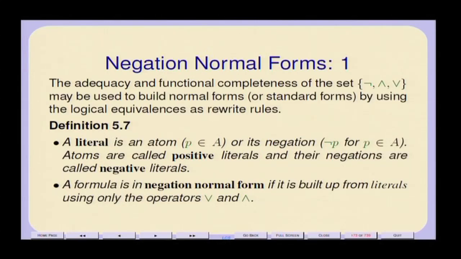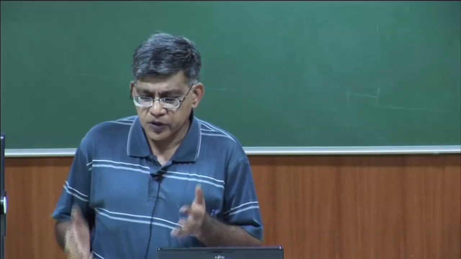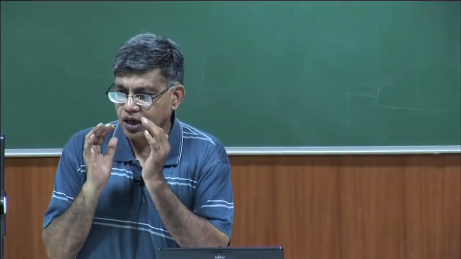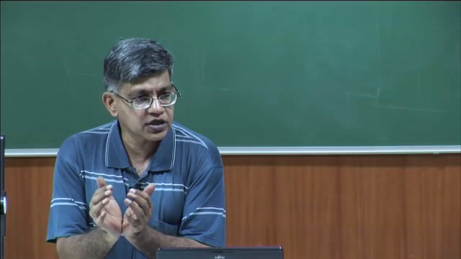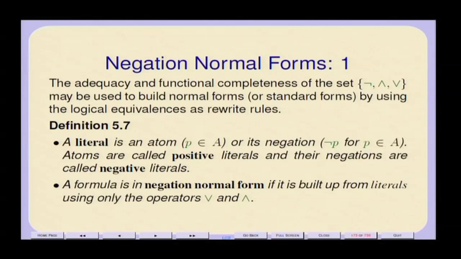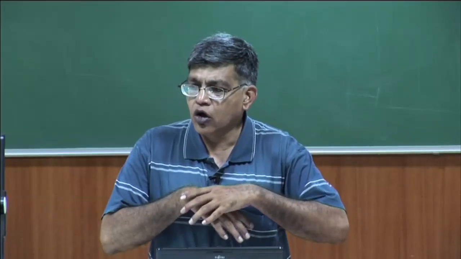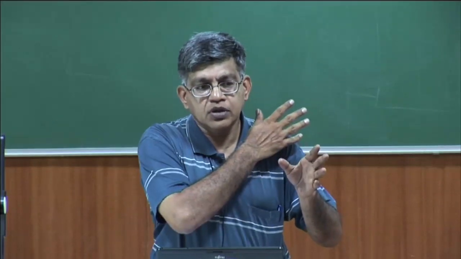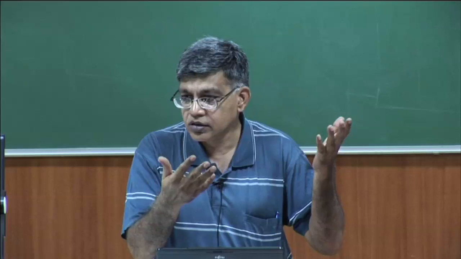Why is it important to look at normal forms? Because then what you are looking at is not the entire language, but an equivalent subset of the original language. So, for example, you take a formula in negation normal form, you are actually removing all those sentences where negation can appear outside and or or, and so on.